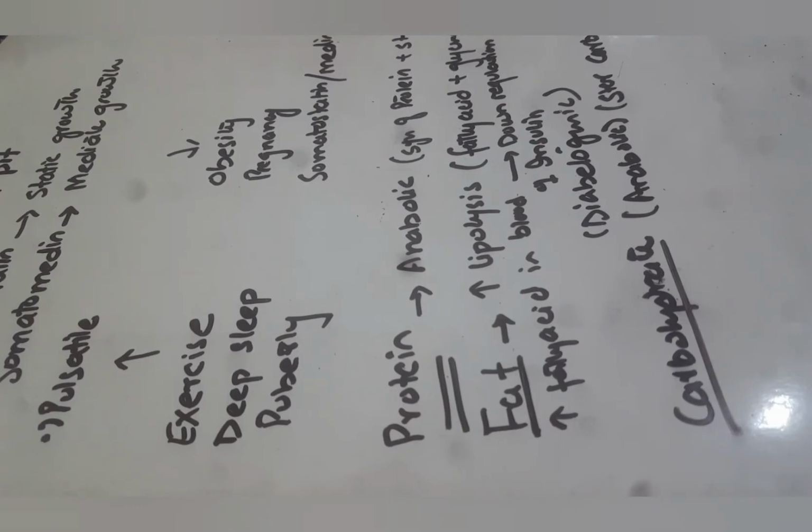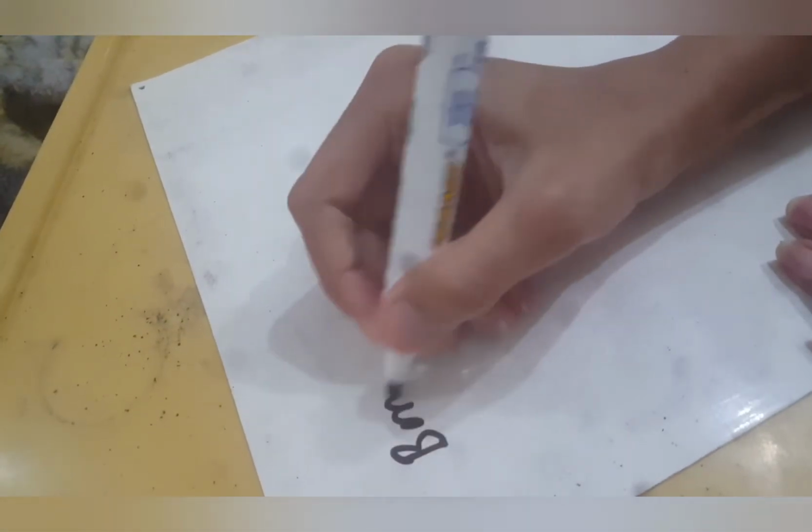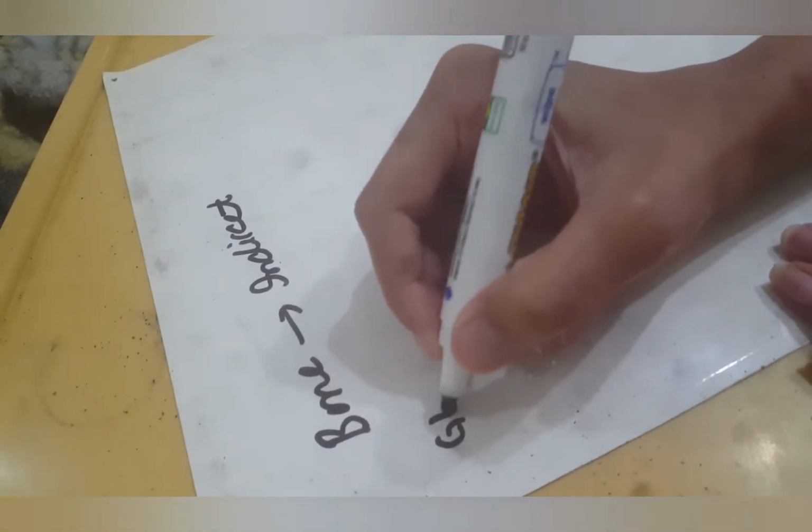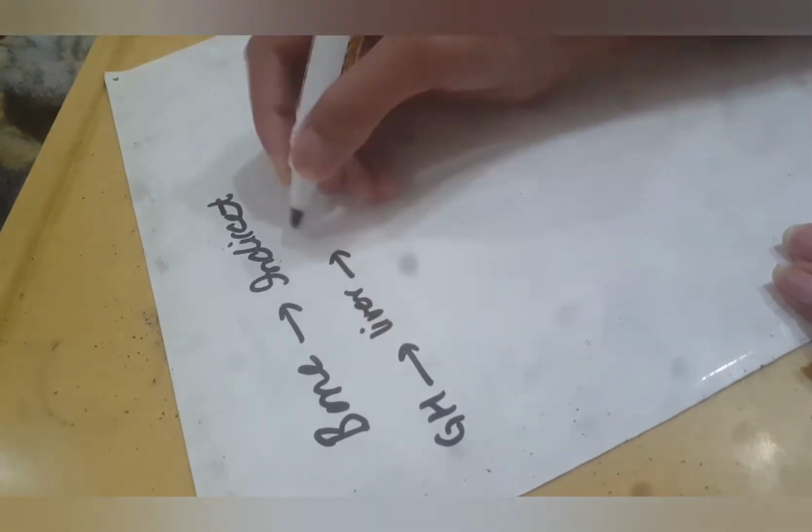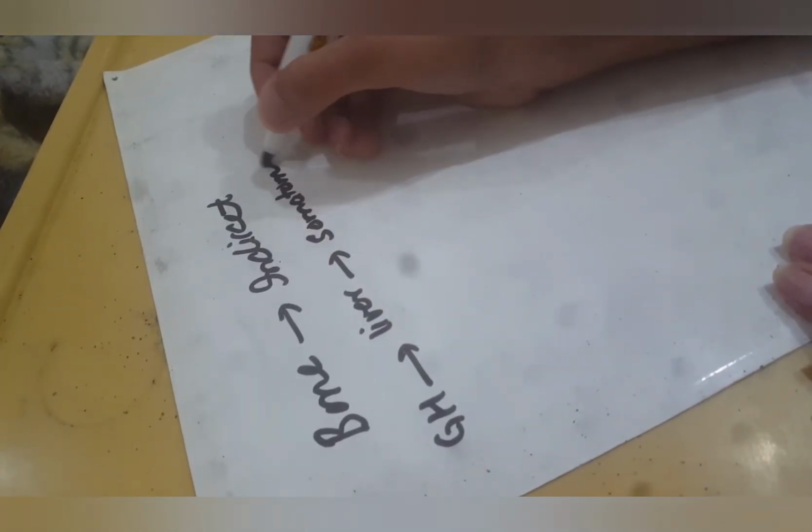Now there is an indirect effect of growth hormone on bones. It means that to affect the bones, growth hormone first goes into the liver, then releases somatomedins, which are insulin-like growth factors.